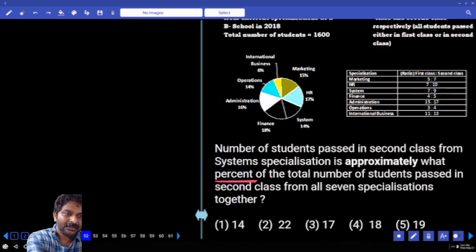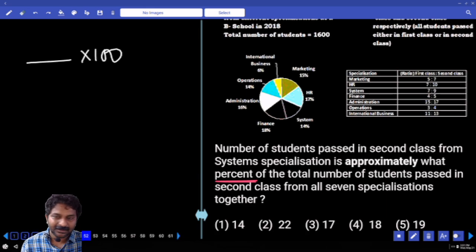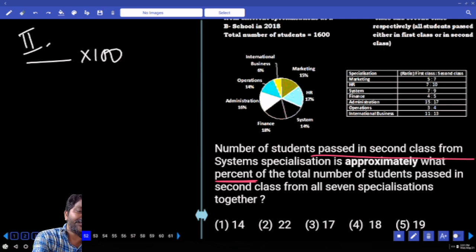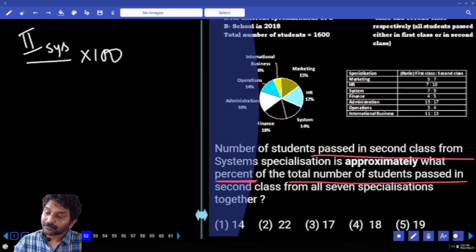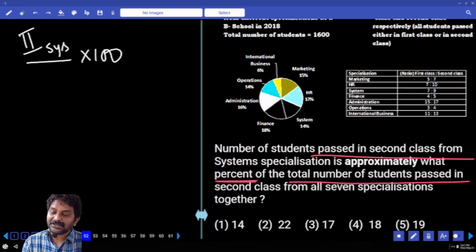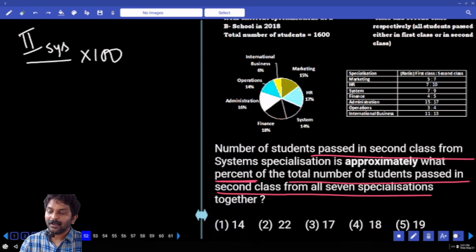That means a by b into 100. Second class from systems must be calculated as a percentage, correct? With respect to what? Total number of students passed in second class from all the specializations.